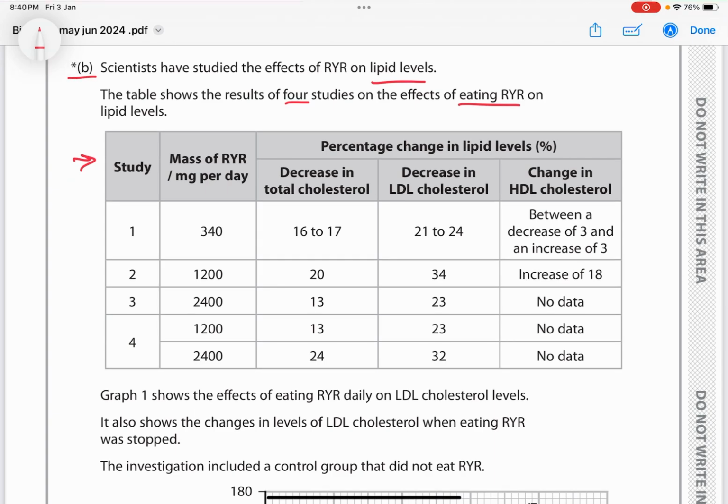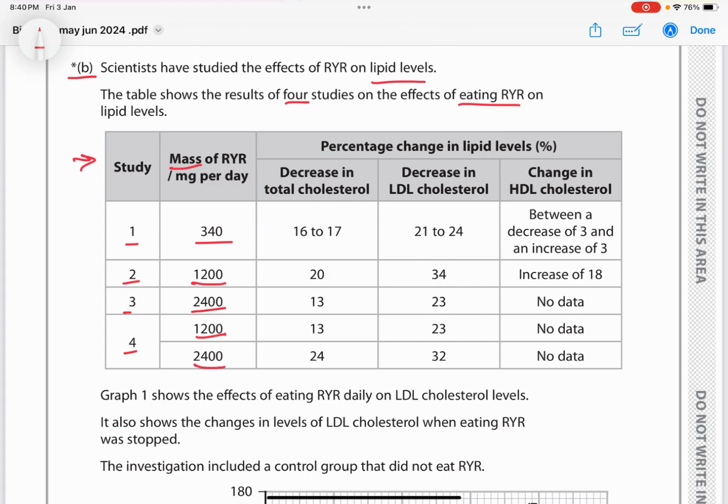We have 4 studies. So this over here is the mass of the RYR. As we can see, the first study gets 40 grams. Second one, 1,200. Okay. Third one gets 2,400. Okay. Fourth one, we have split into half and we're giving it 1,200 and 2,400.